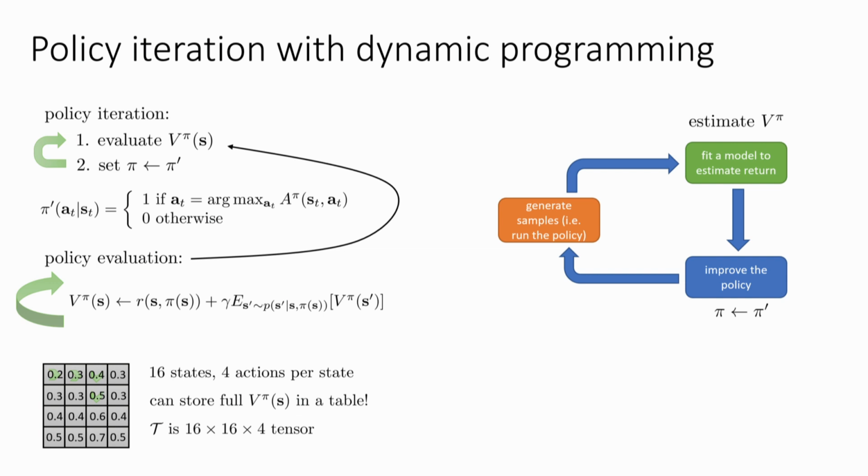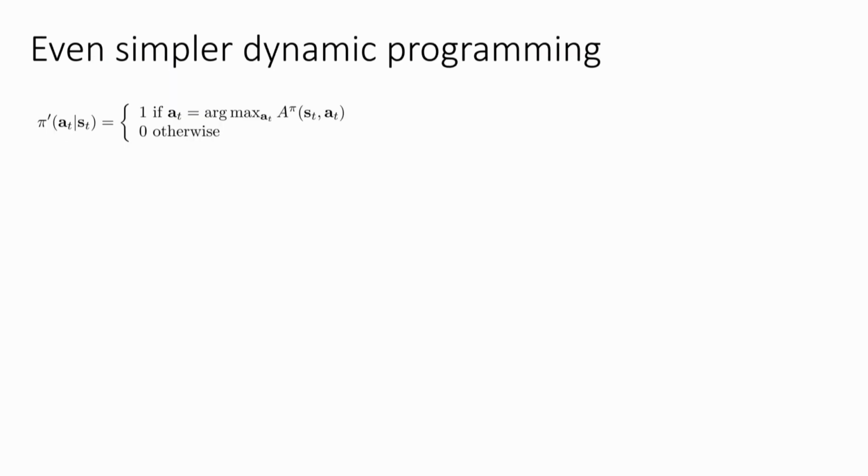Another way to look at it is you're moving towards better and better value functions, that is to say, value functions for better and better policies. In order to evaluate the value function, all you really need is the value of the latest policy. Maybe you can imagine skipping the middleman, even skipping step 2 altogether and just improving the value function directly. That'll give us an even simpler dynamic programming algorithm.